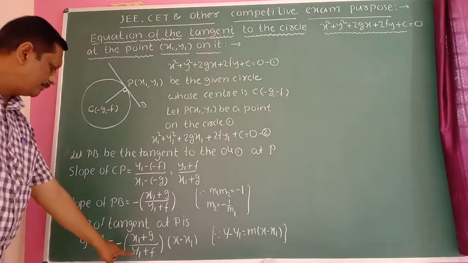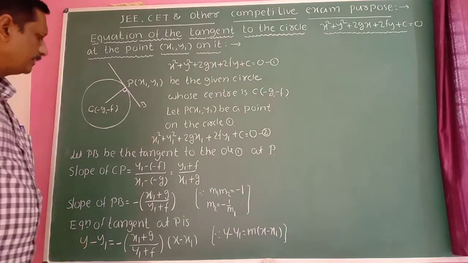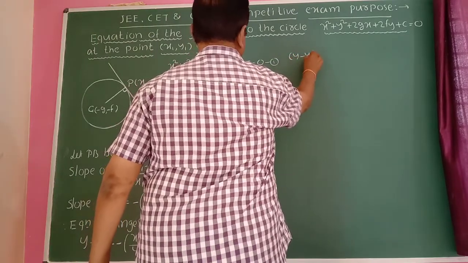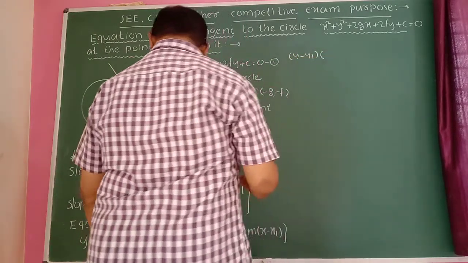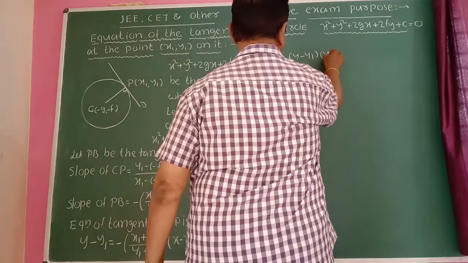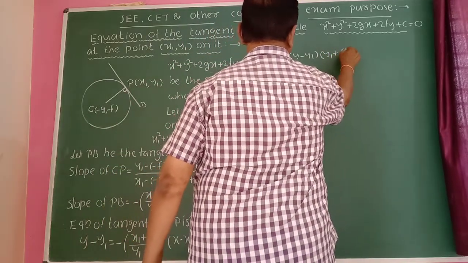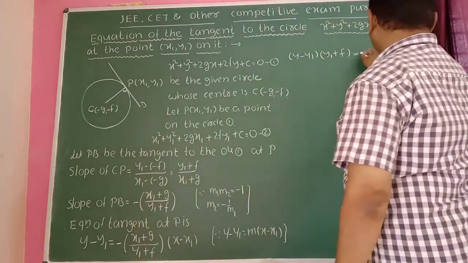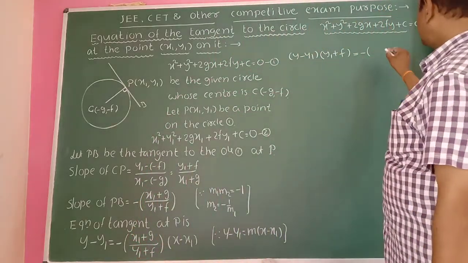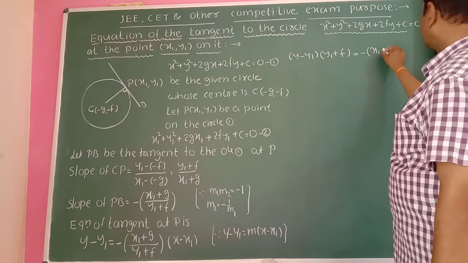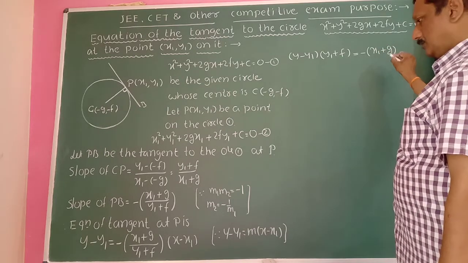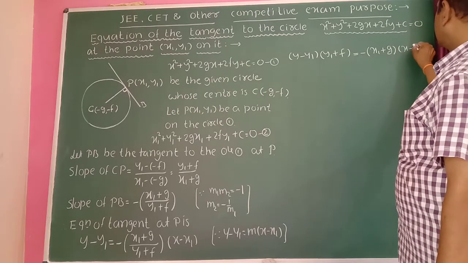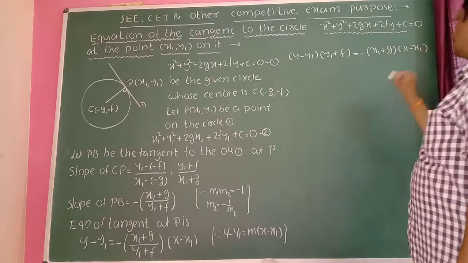Take y1 plus f this side and cross multiply. So y minus y1 into y1 plus f is equal to minus of x1 plus g into x minus x1.